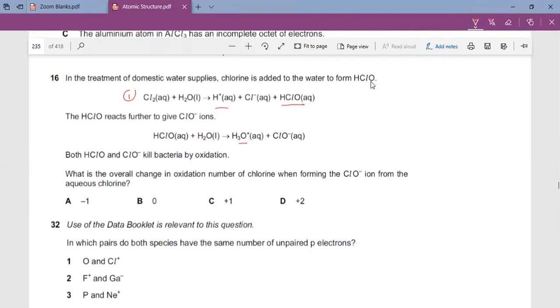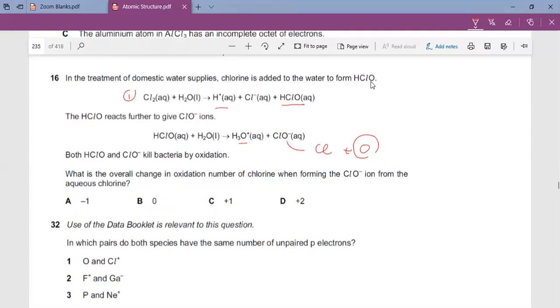Actually this one will break up to give you HCl plus O, and the nascent oxygen will kill bacteria also. So that's why it's very effective in bacterial killing. You know bacteria, isn't it?